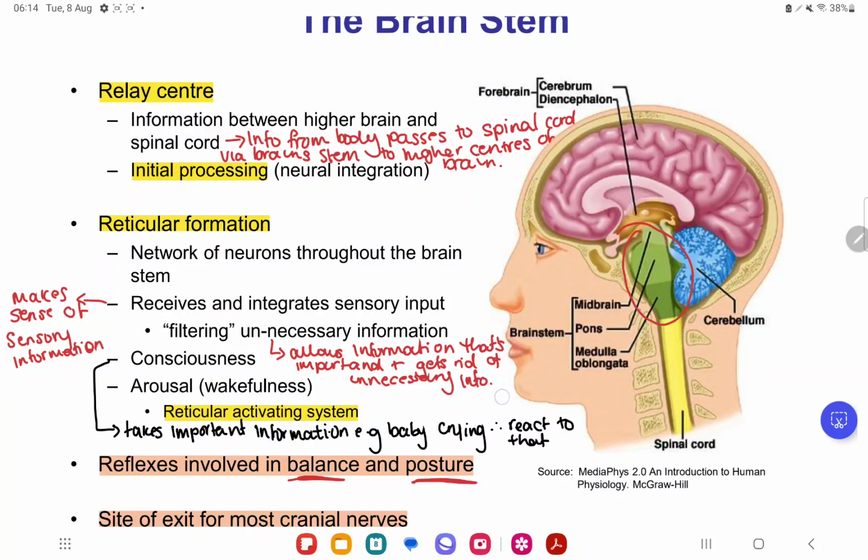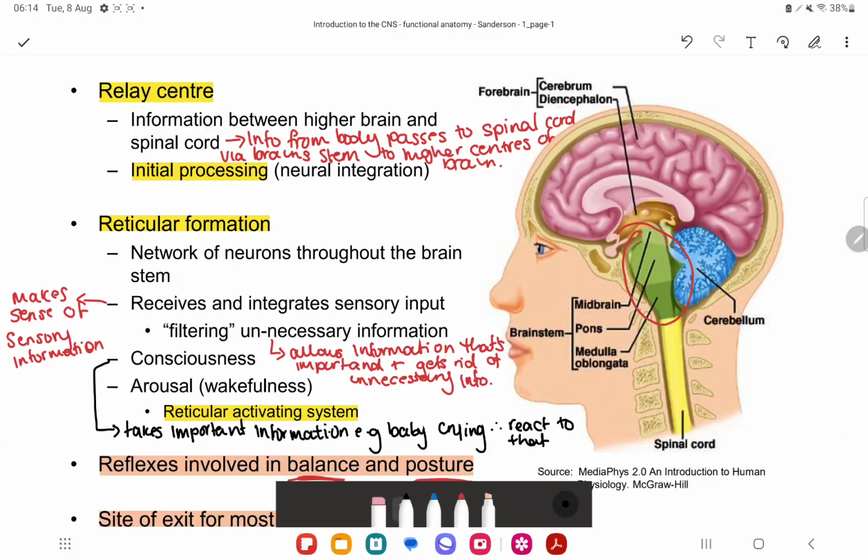Neural integration can take place due to synapses. That's why it's called the relay center.